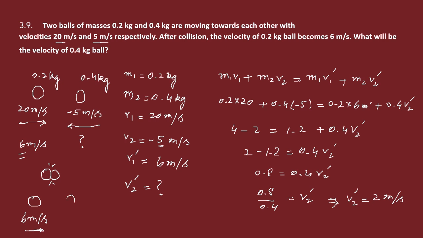And we have calculated the speed of the second body here, v2 prime. It is also positive, that is 2 meter per second. It means that this body after collision also moves in the same direction as the first body. Before collision it was moving in the opposite direction, so we had taken here the negative sign, and after collision, since the velocity v2 which we have calculated is positive, it means that the second body moves towards right.